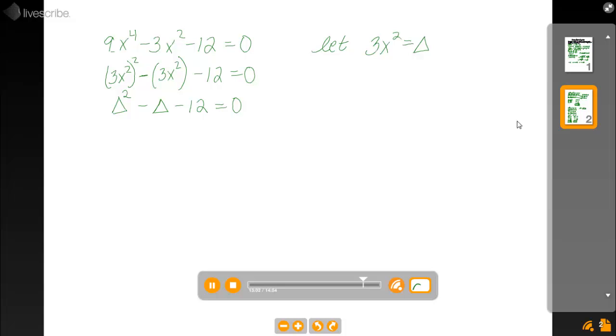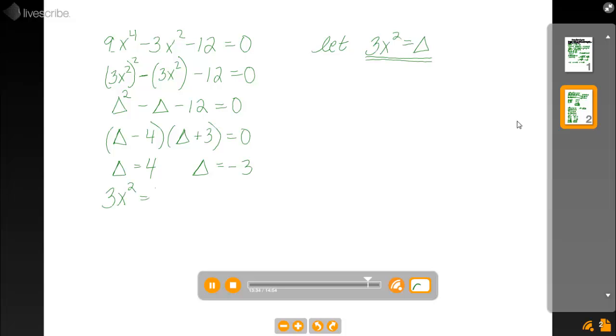So we haven't really changed anything yet. But now I can factor this using triangle. Two numbers that multiply to negative 12, add to negative 1: negative 4 and 3. Triangle minus 4, triangle plus 3 equals 0. So triangle equals 4, or triangle equals negative 3. But we weren't solving for triangle, we're trying to solve for x. So let's now plug 3x squared back in for triangle.